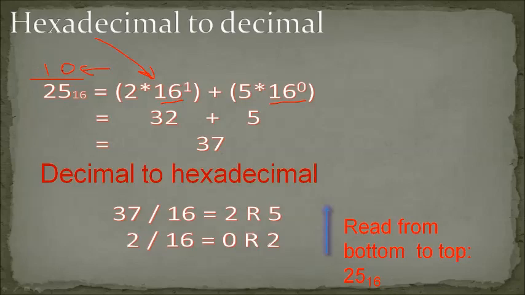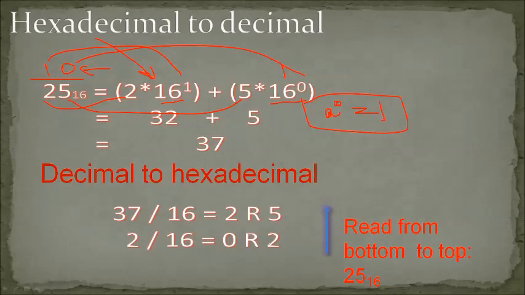So 2 into 16 power 1, and 5 into 16 power 0. Remember that anything power 0 is 1. So 2 into 16 power 1 is 32, plus 5 into 1, which is 5. 32 plus 5 is 37. This is the way to convert hexadecimal to decimal.